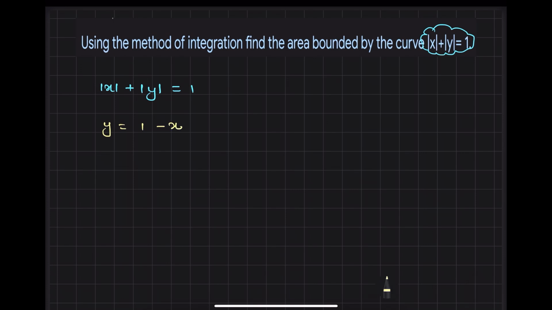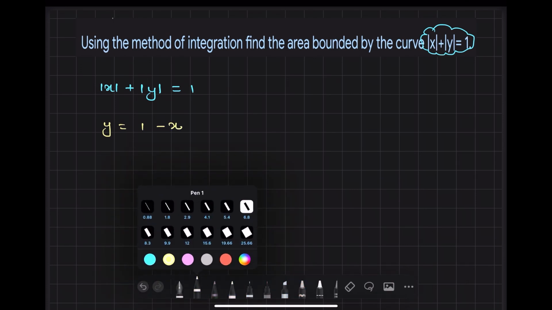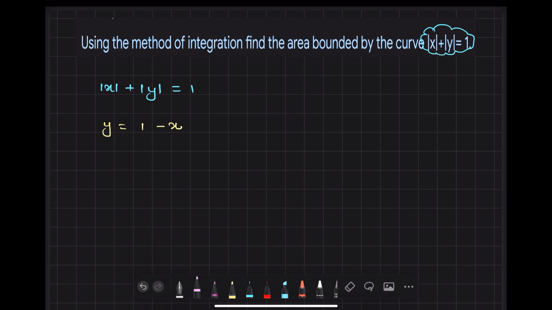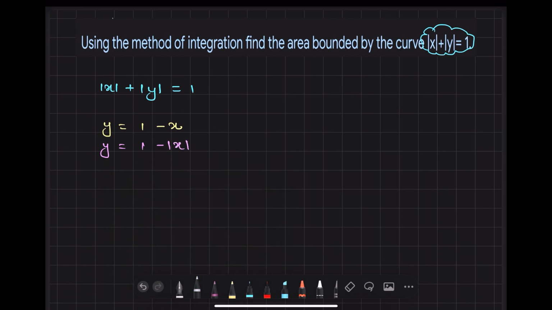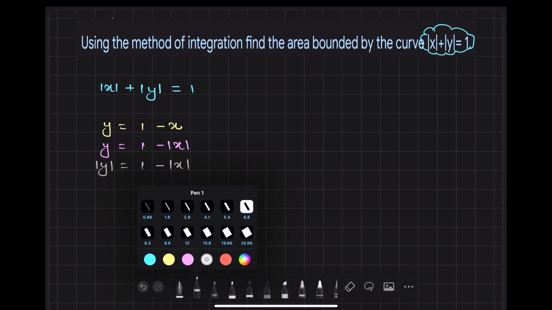So this is stage 1. Then they thought of complicating things, so they put mod on x. They thought again to complicate it more, so they put mod on y as well. And this is how hopefully they created this question.